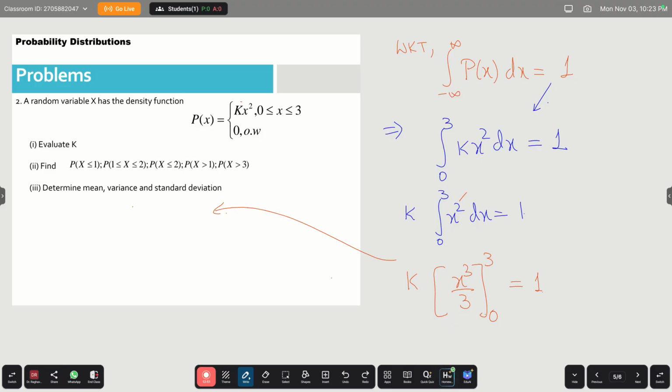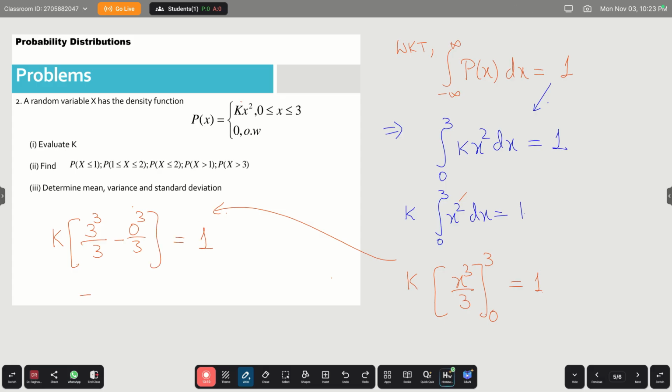To get the value of k, I need to simplify this first. So x is the variable where I need to put the upper limit and lower limit. So k is there. x power 3, upper limit is 3, so 3 power 3 divided by 3, minus lower limit 0, 0 power 3 divided by 3, that must be equal to 1.